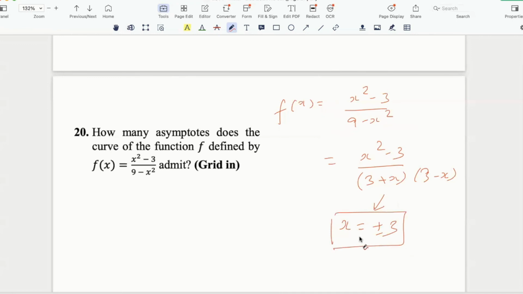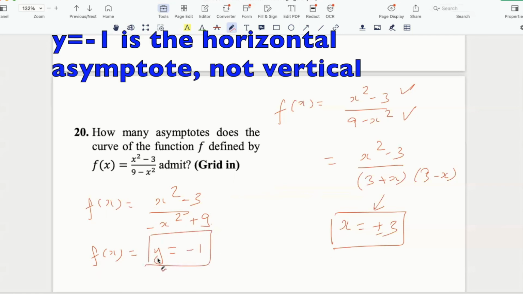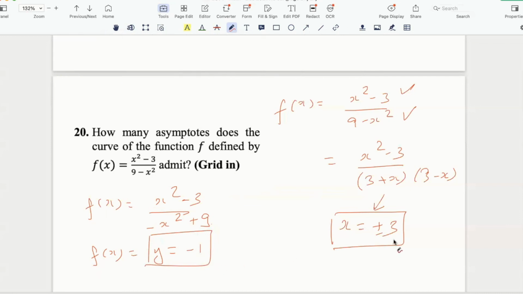And for the horizontal asymptote, when the degree of the numerator and the denominator is the same, because I can write f(x) as (x² - 3) by (-x² + 9), then the asymptote is the division of the coefficient of x² in the numerator and in the denominator. So that will be -1. So y equal to -1 will be the horizontal asymptote. So total of 1 and 2, 3 asymptotes for this curve.